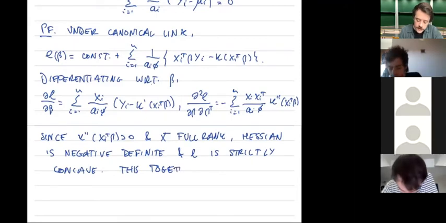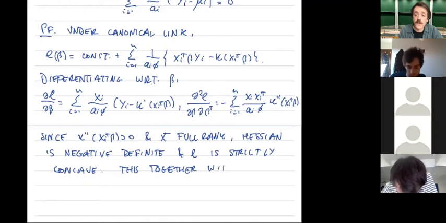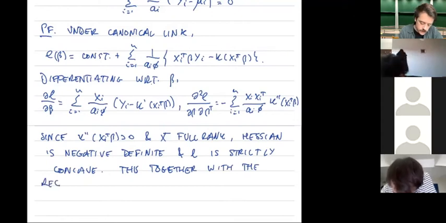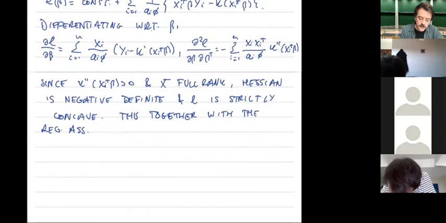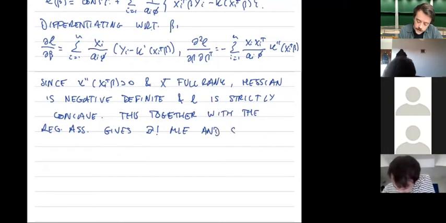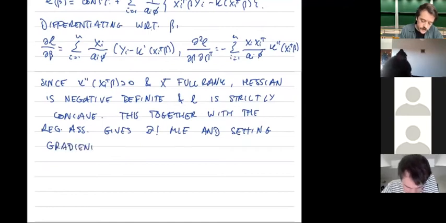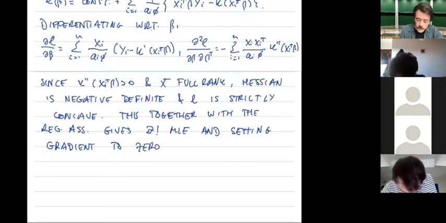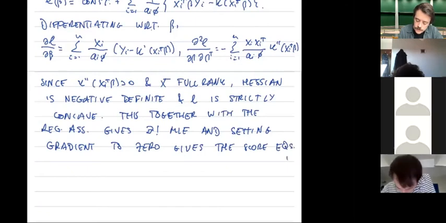So this, together with the regularity assumptions, gives existence and uniqueness of the MLE, and then just setting the gradient to 0 gives the score equations, right? Okay, so that shows the result.